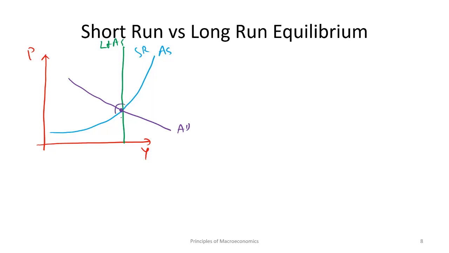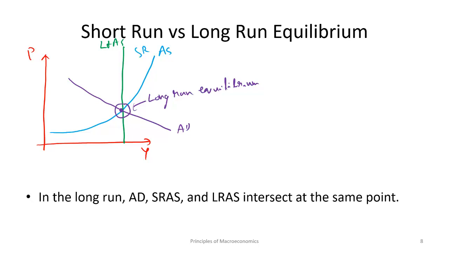So when these three curves intersect together, that's a long run equilibrium. So long run equilibrium is any point where short run aggregate supply, aggregate demand and long run aggregate supply are intersecting together. So in the long run, all these three curves, AD, SRAS and LRAS, intersect at the same point.